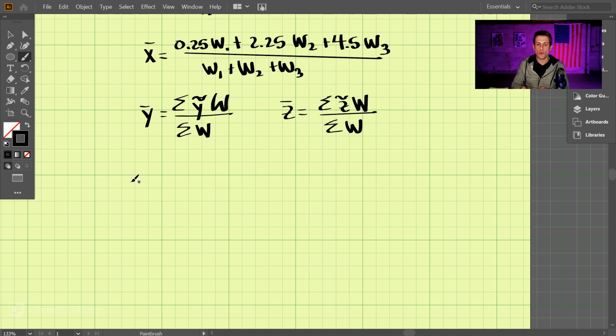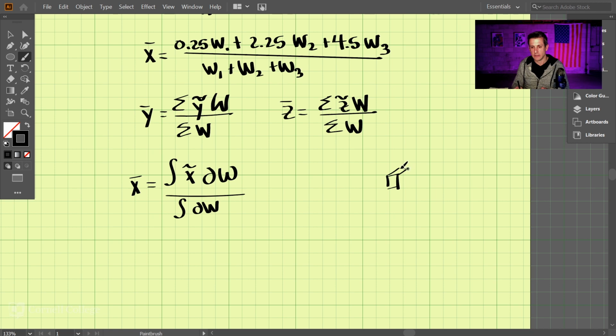If we want to talk about the differential equation, instead of having a sum here, we're going to integrate x tilde dW over the integral of dW. So if we just have an arbitrary kind of differential element and we're trying to sum it up over the whole shape here, right?